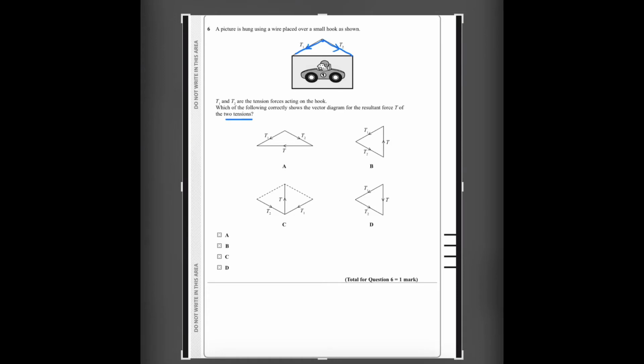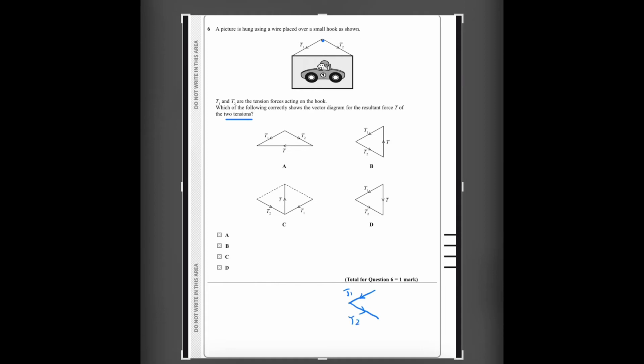So let us just rearrange. Let us take this T with this T1. This is called the head to tail method. Let us join the T here. So we now have T1 and T2, right?